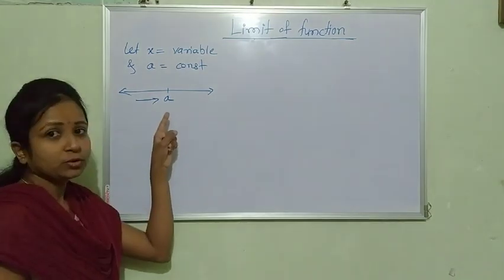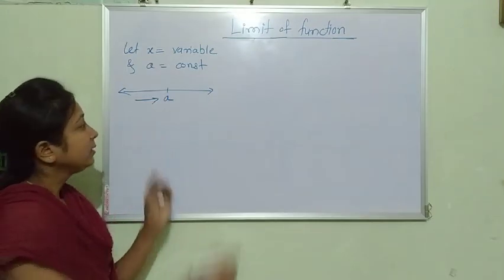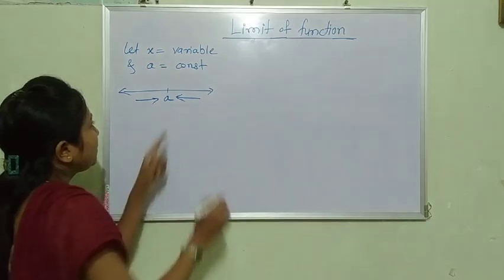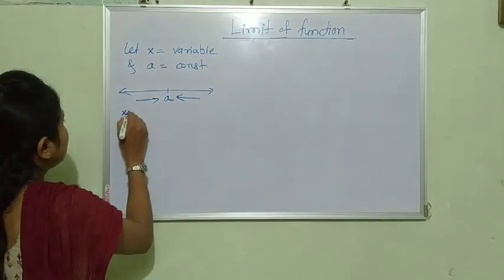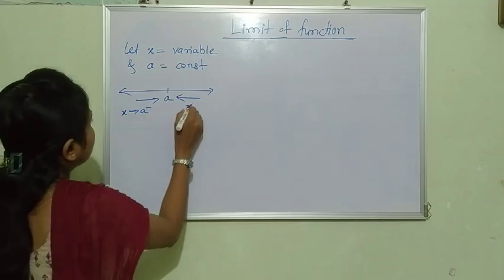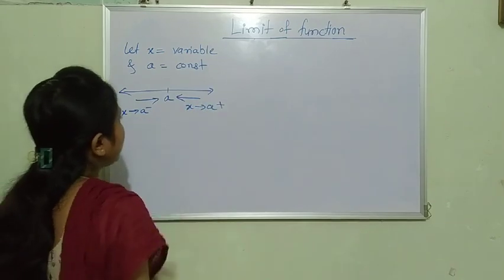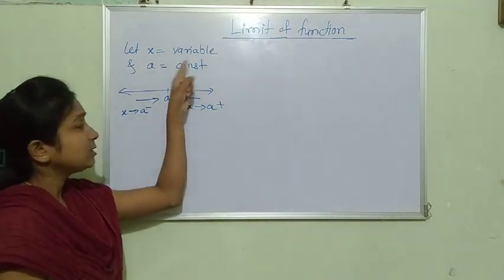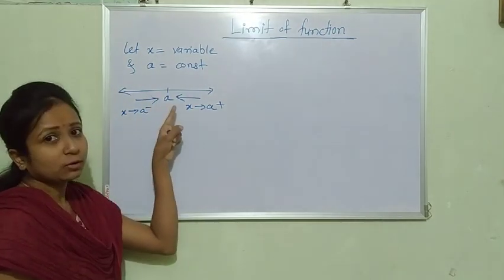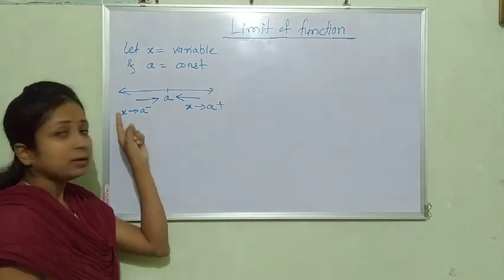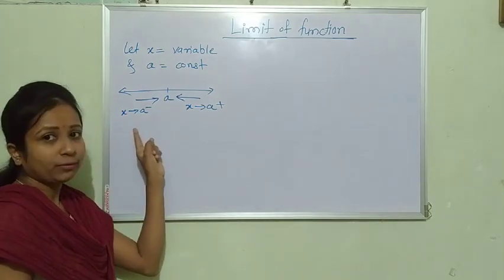One can approach a from the left side, and one can approach a from the right side. The left side is called x tends to a minus, and the right side is called x tends to a plus. X is a variable means x is taking values which are very close to a and which lie left side of a.